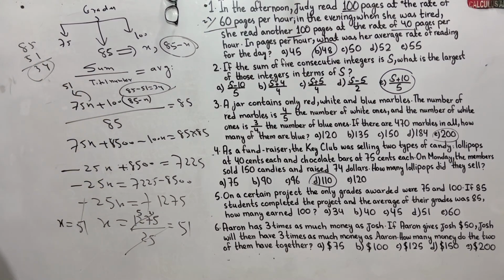So there are 34 students who have secured 100, and 51 is the number of students who secured 75. The number of students who secured 100 is 34.